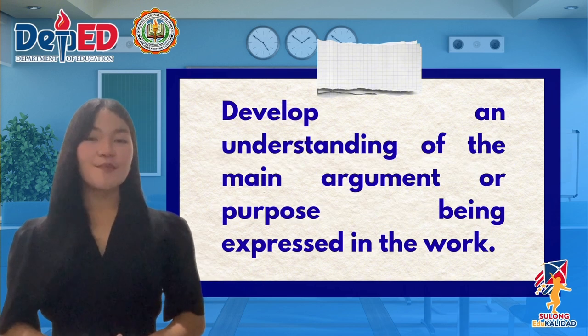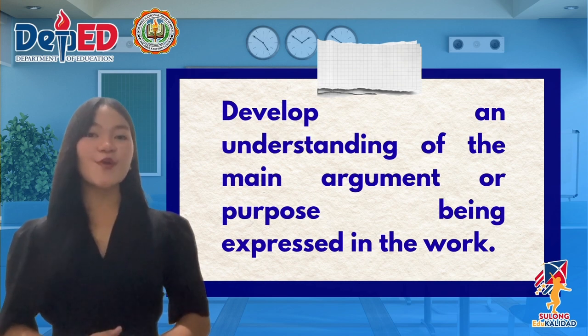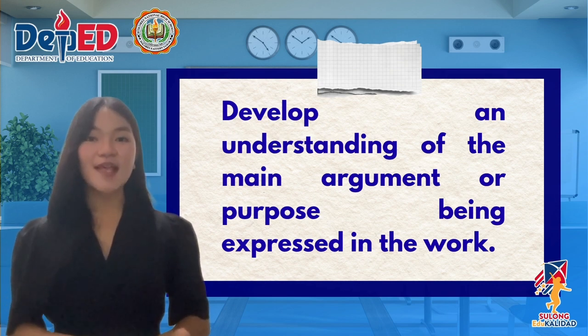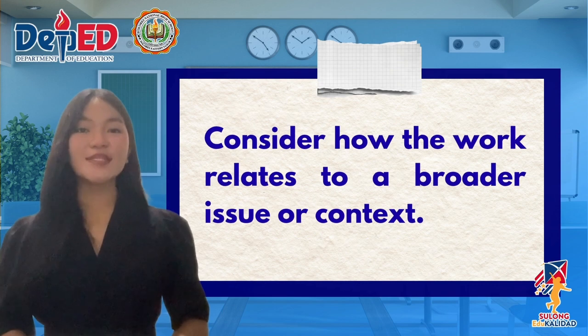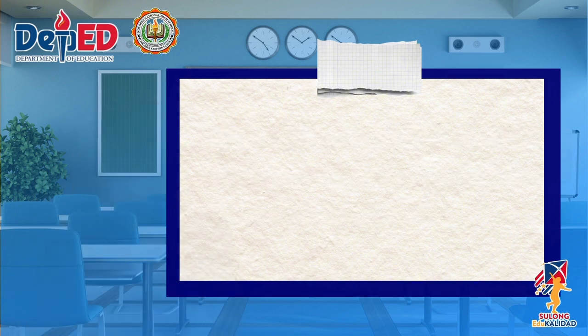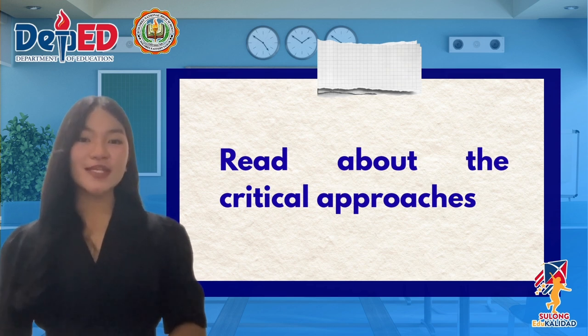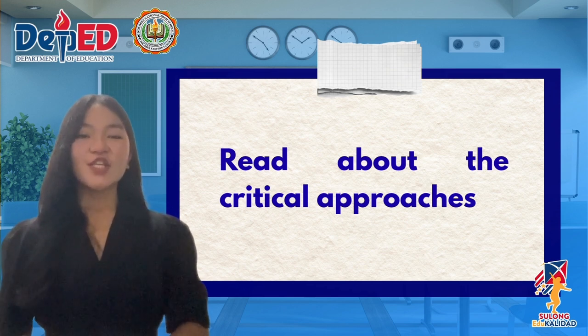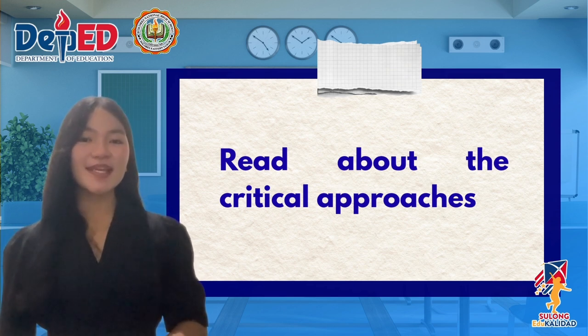You may also develop an understanding of the main argument or purpose being expressed in the work. Consider also how the work relates to the broader issue or context. Read about critical approaches. You can highlight some important ideas you can use in expressing your views.